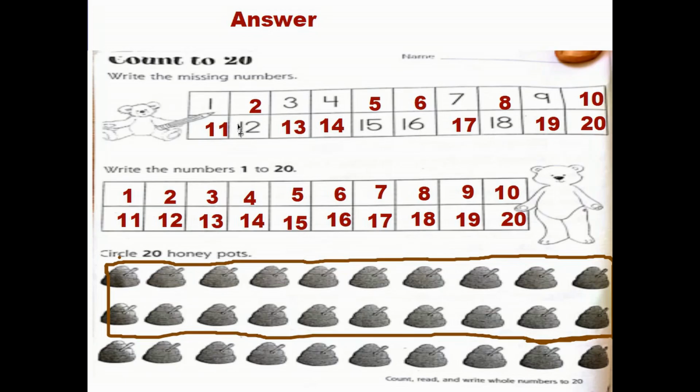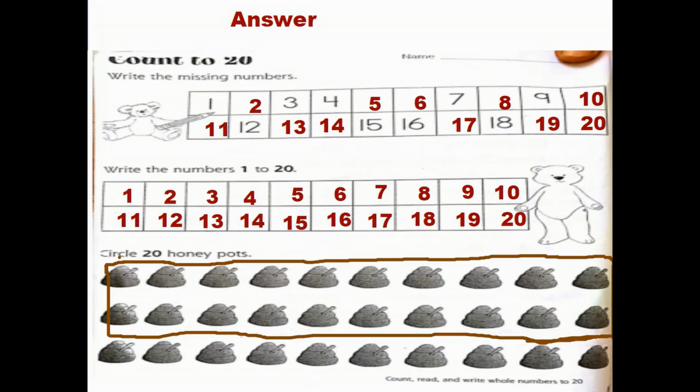You complete the blank space with this. And the second one, you write the numbers from 1 up to 20. And then you count first 20 honey pots and then circle 20 of them. So based on this, try to relate your answers and take corrections.